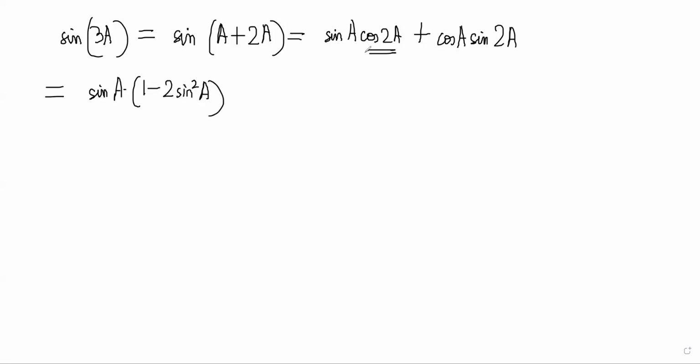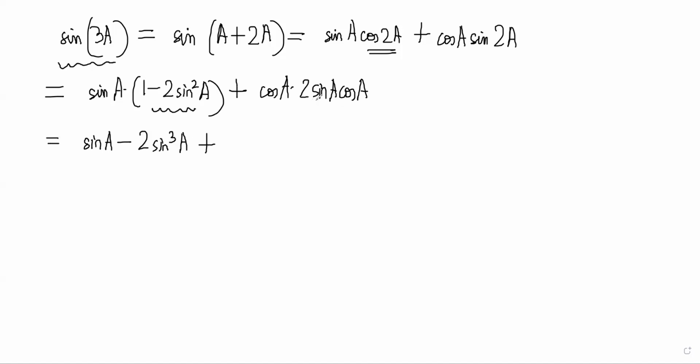There are three versions of cos 2a, right? I'm using the sine version of it because I want the answer to come in terms of sine only, right? Because it's a sine 3a formula. Plus cos a, and what is sine 2a? It is 2 sine a cos a, right? So you are getting sine a minus 2 sine cube a plus 2 sine a cos square a, right?